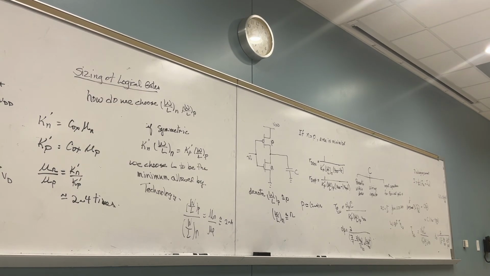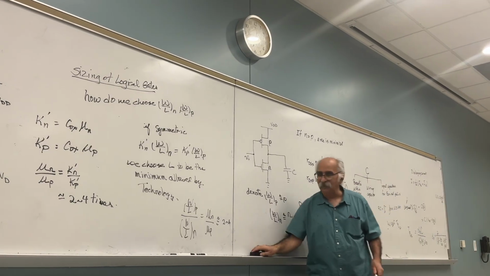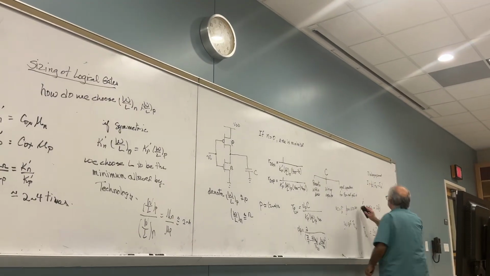In the PDN, all NMOSes are either in series, parallel, or a combination. Same thing with the PUN. Now what I want to show you is, when you do have transistors in series, let's assume that I have transistors in series.